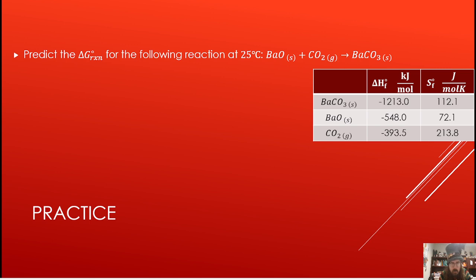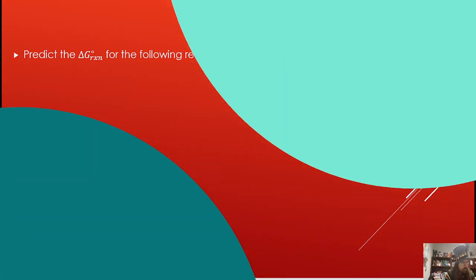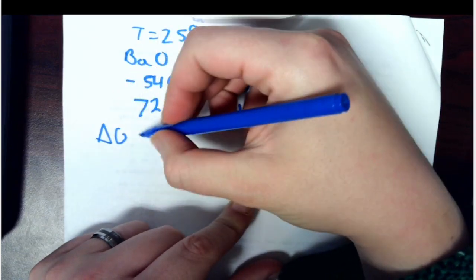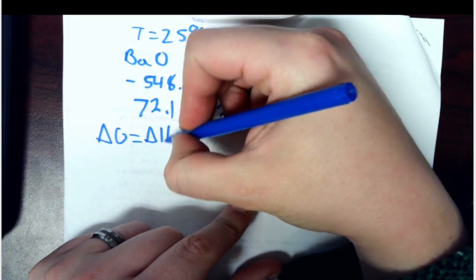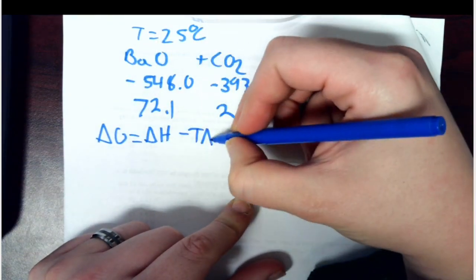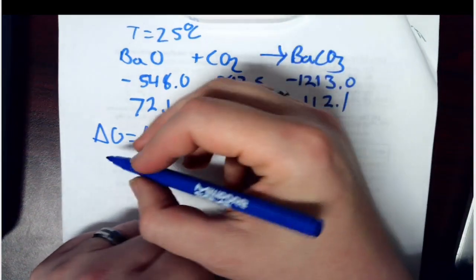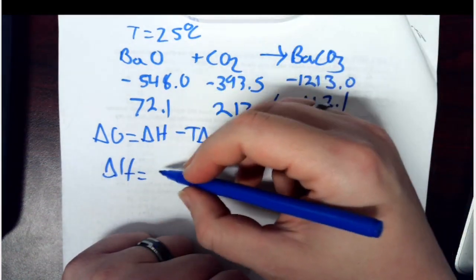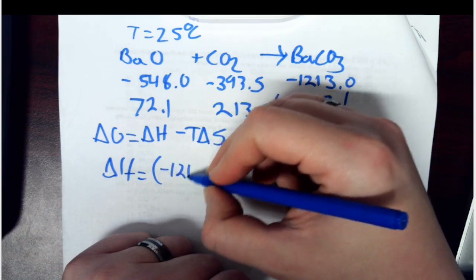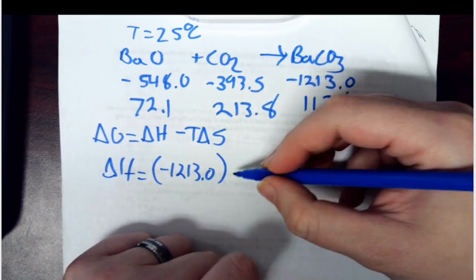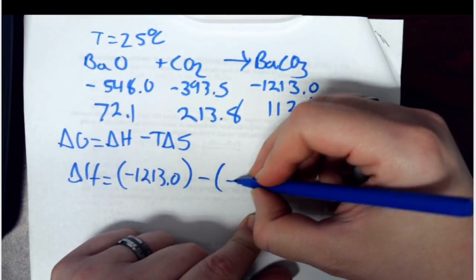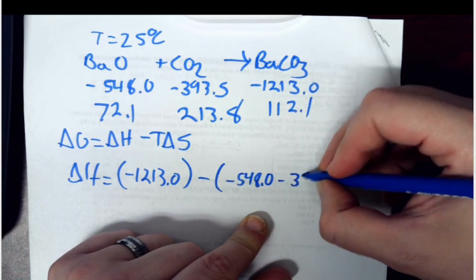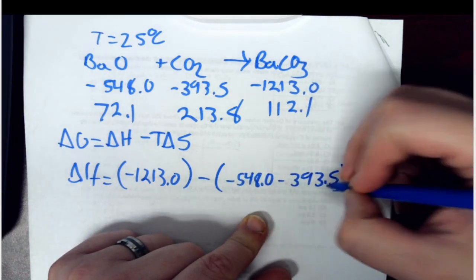So let's look at this now. Our reaction is just going to be delta G equals delta H minus T delta S. We have to find what's delta H. Delta H is going to be negative 1213.0 minus negative 548 and negative 393.5.